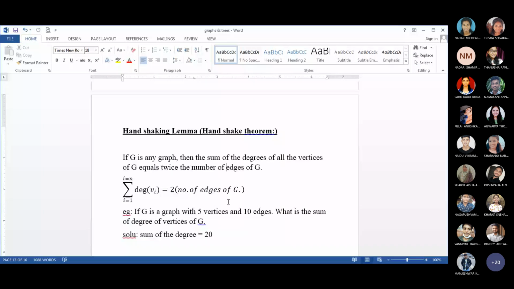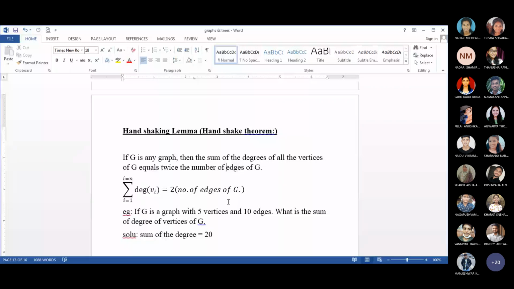What it says: if G is any graph, then the sum of the degrees of all the vertices of G will be equal to twice the number of edges. Again I repeat, if G is any graph, then the sum of the degrees of all the vertices of G equals twice the number of edges.